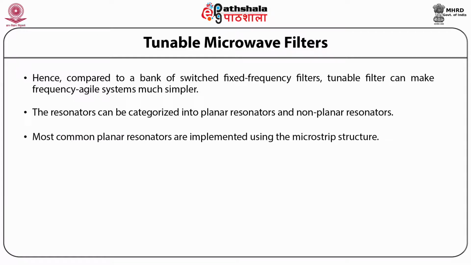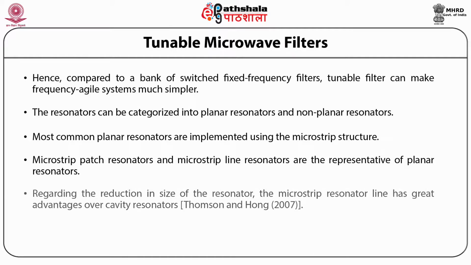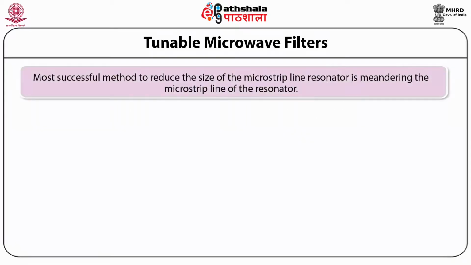Most common planar resonators are implemented using microstrip structures. So the microstrip patch resonators and microstrip line resonators are the representatives of planar resonators. Regarding reduction in the size of the resonator, the microstrip resonator line has great advantage over the cavity resonators, and the most successful method to reduce the size of the resonator is meandering the microstrip line of the resonator.